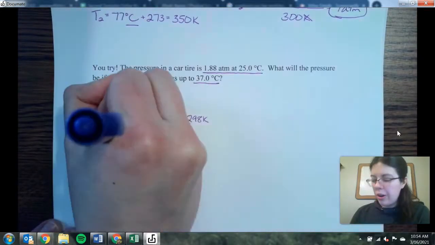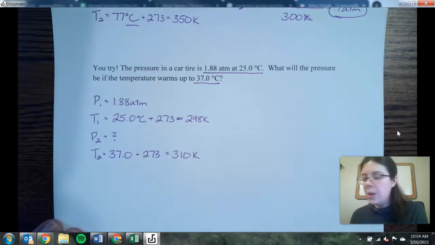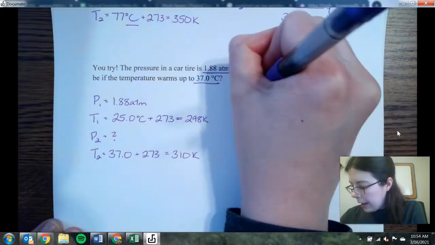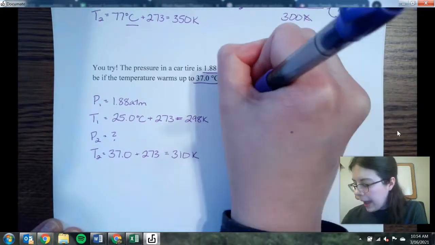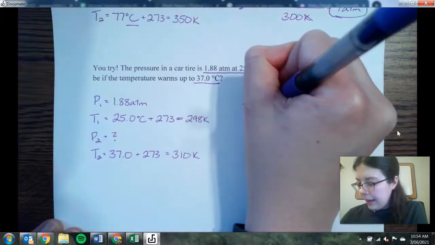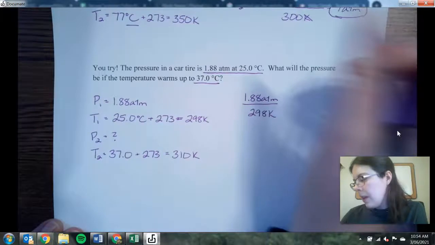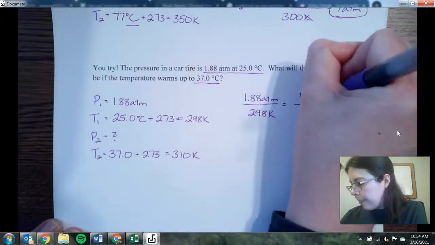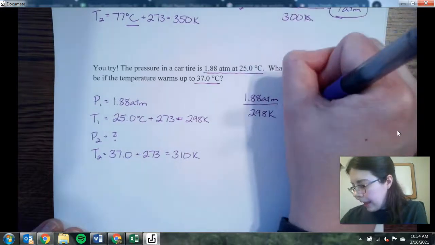And our P2 is our unknown. That's what we are solving for. So let's go ahead and plug these values into our equation. So we have 1.88 atmospheres divided by our initial temperature in Kelvin, 298 K, which is equal to P2, which we do not know, divided by 310 Kelvin.